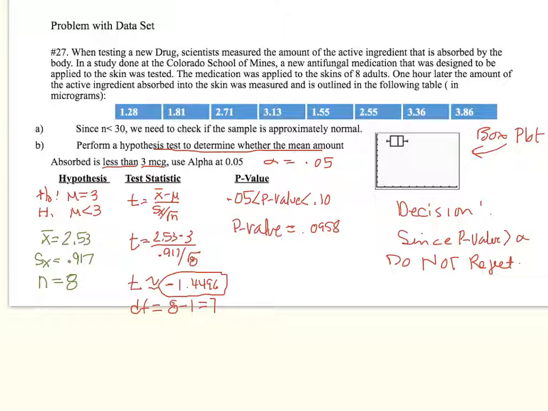Note here that the p-value is 0.0958, and that is greater than 0.05. So 0.0958 is greater than 0.05, and that's why we do not reject.